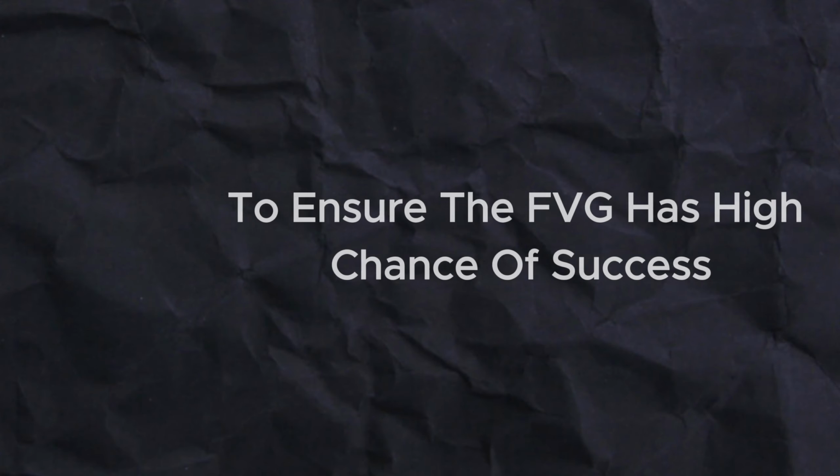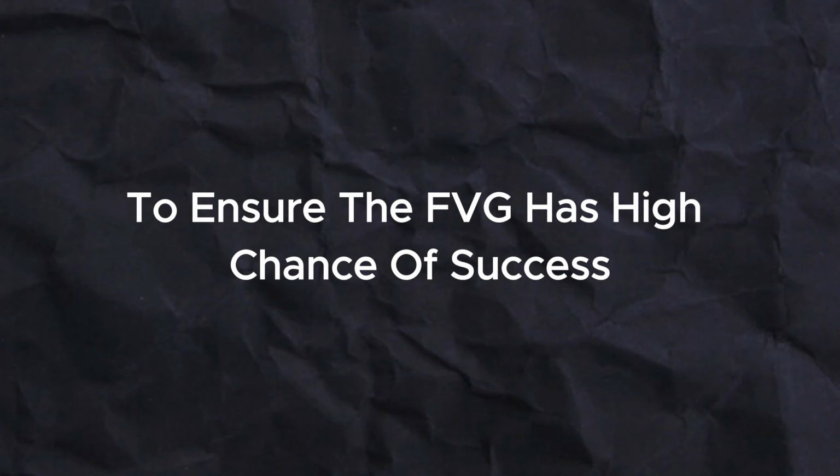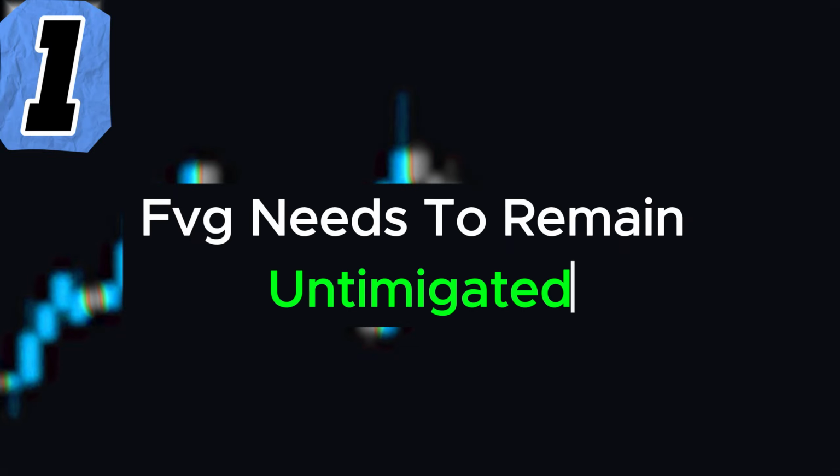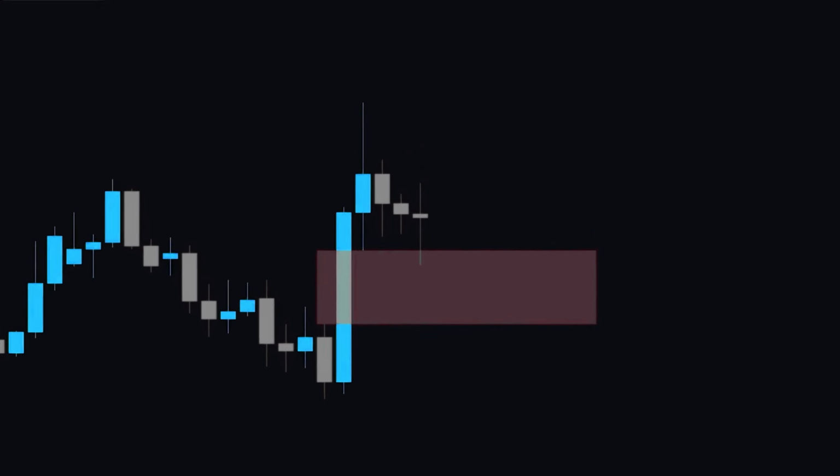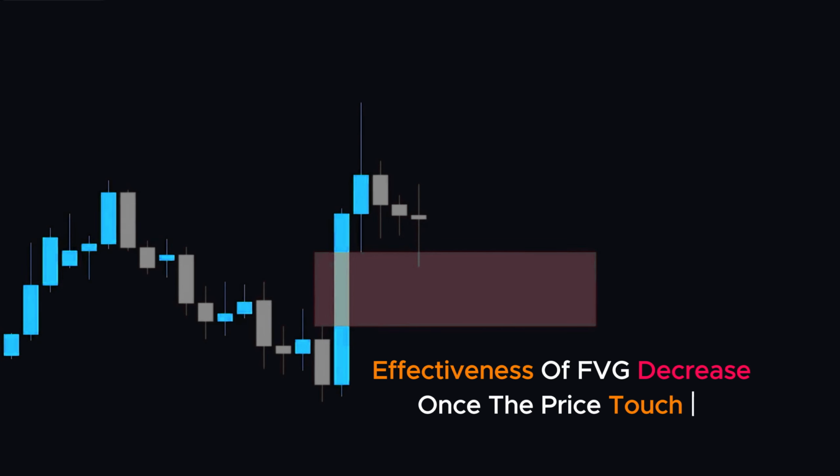To ensure that a fair value gap has a high chance of success, it needs to remain what's called unmitigated, which means not tested. Whenever you see a fair value gap on a chart, you need to make sure that it hasn't been retested by the price yet, because the effectiveness of a fair value gap decreases once the price touches it for the first time.